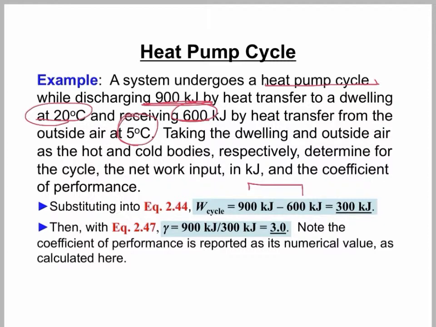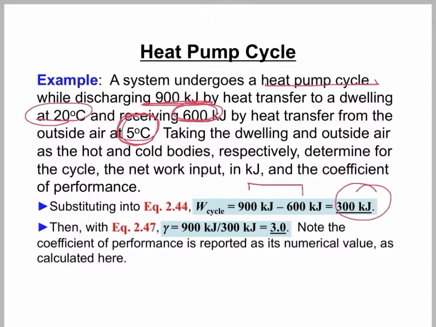Therefore, the 300 kilojoules of work that we had to supply by plugging it into the wall, plus the 600 kilojoules from our outside cold air at 5 degrees, will deposit a total of 900 kilojoules into the living environment.